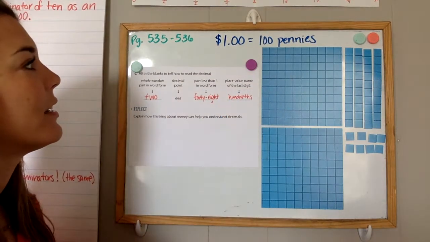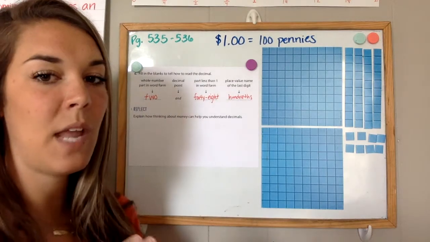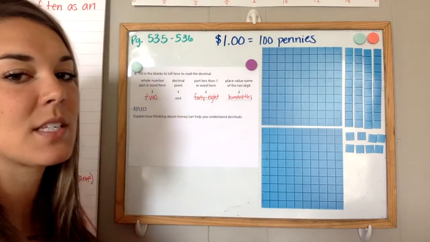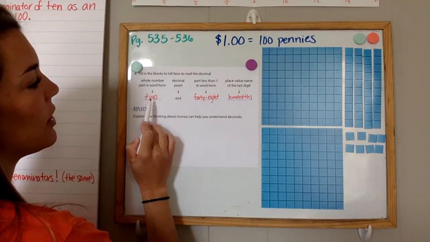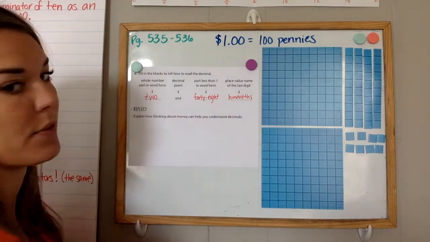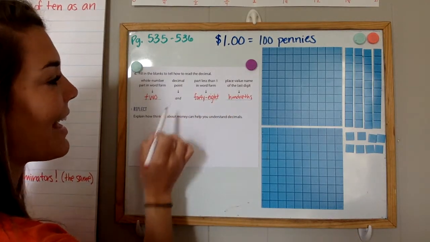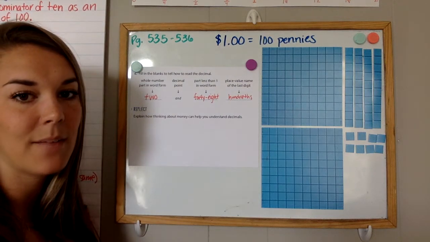Okay? So just like my fraction showed, 2 and 48 hundredths, I can write that as a decimal, excuse me. 2 and 48 hundredths. And when I'm writing with decimals, I say "and" for the decimal point, okay?